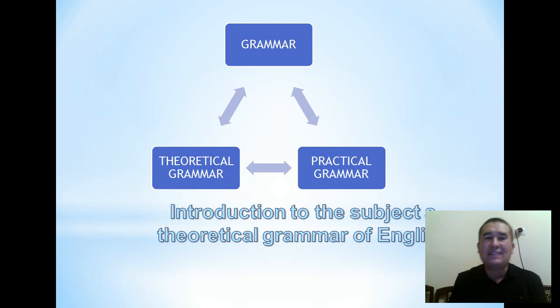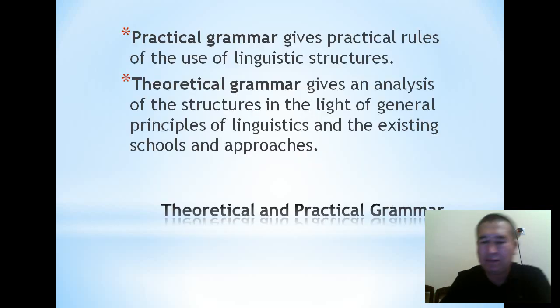And we shall discuss it in our future lectures. Let's start from practical grammar. Practical grammar gives practical rules of the use of linguistic structures. And the second one, theoretical grammar, gives an analysis of the structures in the light of general principles of linguistics and existing schools and approaches.